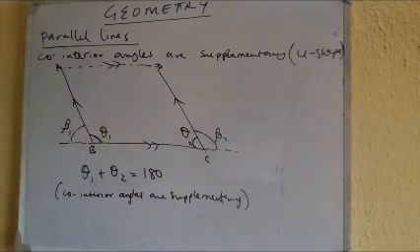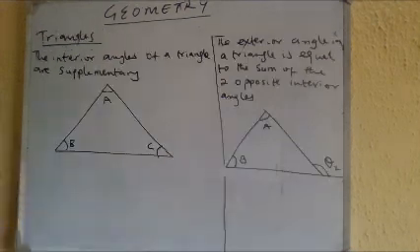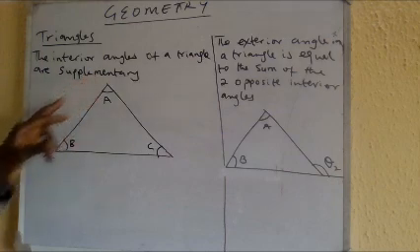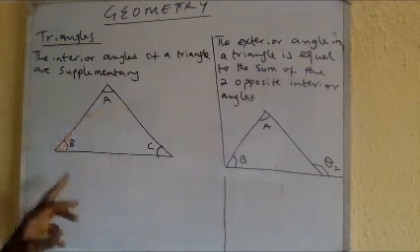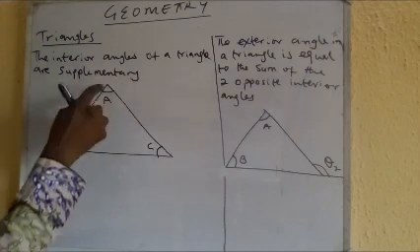All right, so we move on to the geometry of triangles. A triangle is a three-sided shape, 1, 2, 3, with 3 angles inside and 3 vertices.